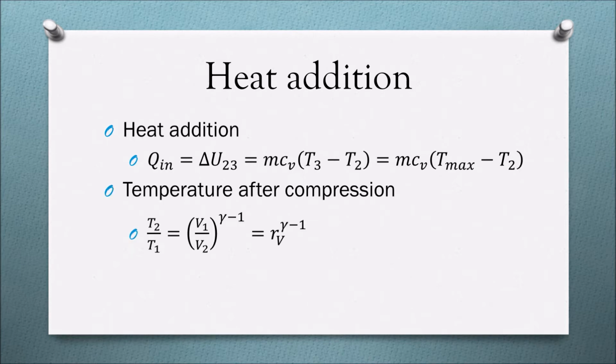The temperature after the compression can be determined by the help of the formula describing the isentropic compression. The best way of solution is to express the temperature ratio by the help of the compression ratio. By rearranging the formula, T2 equals the product of T1 and the compression ratio to the power of gamma minus 1. It is 736 kelvins.